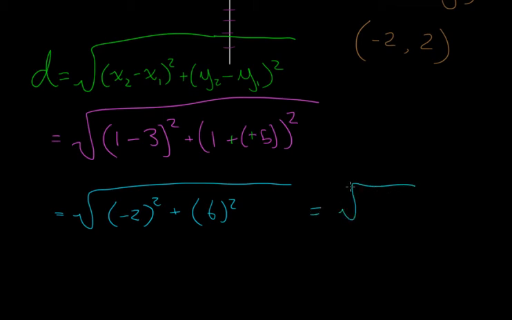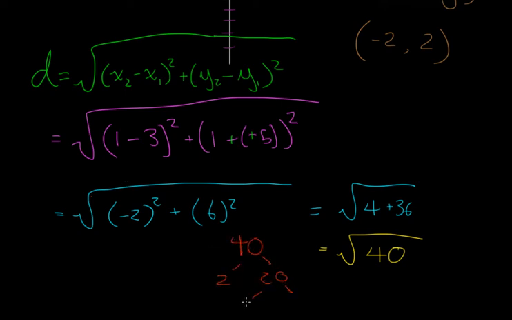And this is the square root of 2 squared, which is 4, plus 6 squared, 6 times 6 is 36. 4 plus 36 is 40. Square root of 40. I don't believe that's a perfect square, so you can simplify this to 20, 2, 10, 2, and 5.